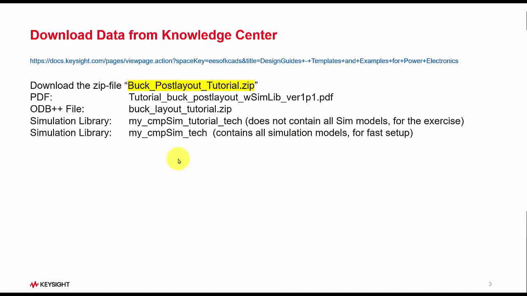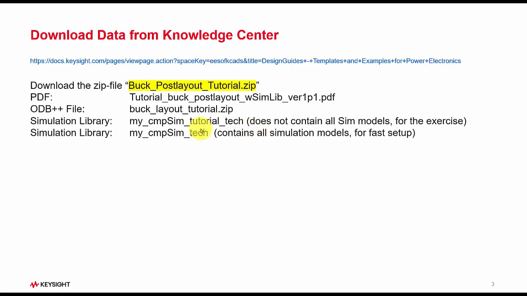So when you start with a new design, it always happens that some simulation models are not yet in the simulation library, and therefore you have to manually assign them. So with this library, you will learn how to assign the most complex models like a FET transistor, gate driver, controller, and one capacitor, a simulation model.